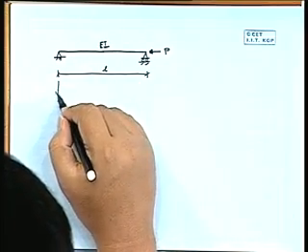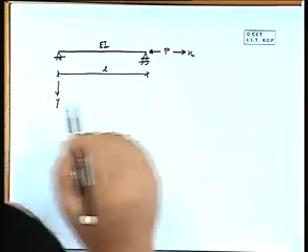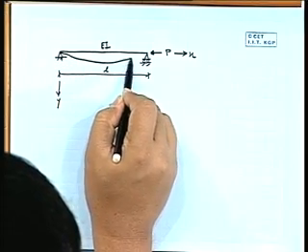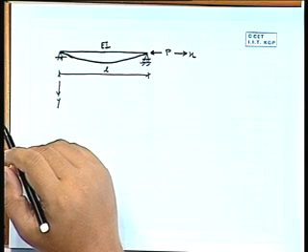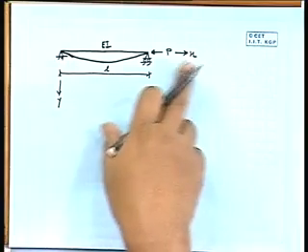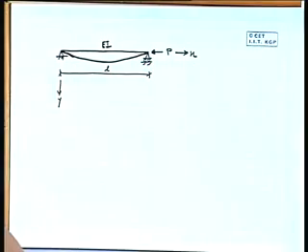We can pick up some axis system, say this is Y, this is X. Now if we take the bending, it will be something like this. Okay. So L is the length, EI is the flexural rigidity, this end is hinged, that is a roller, P is acting. So bending is shown, XY is the coordinate.